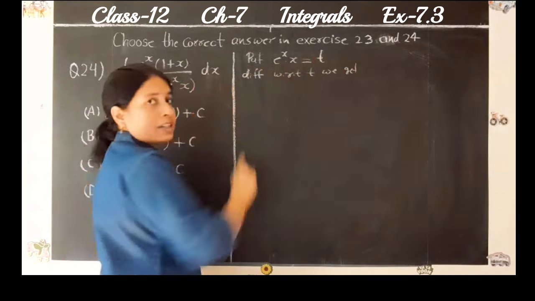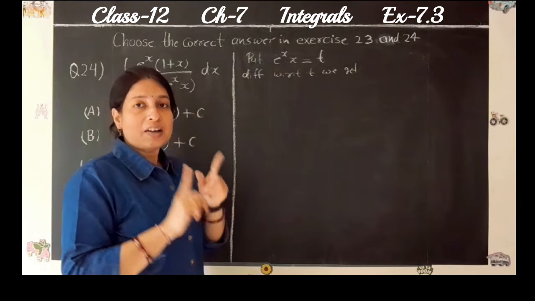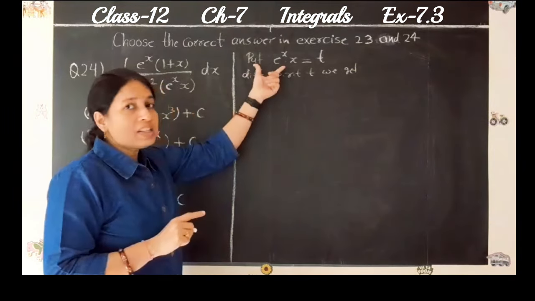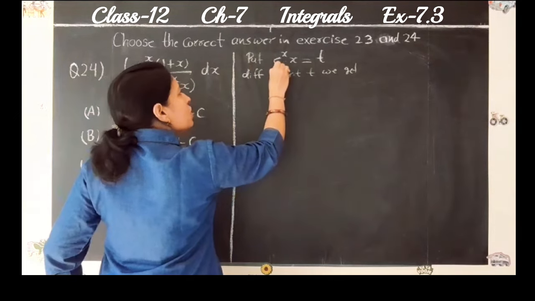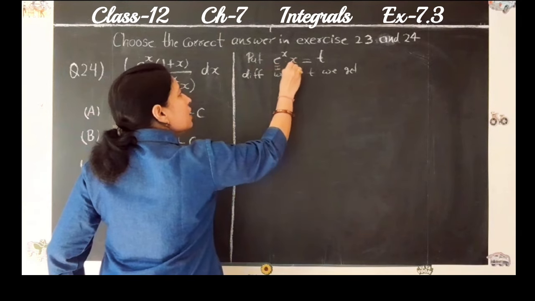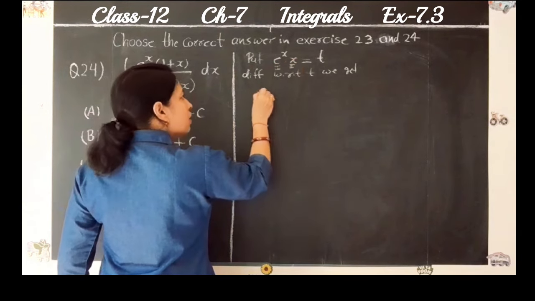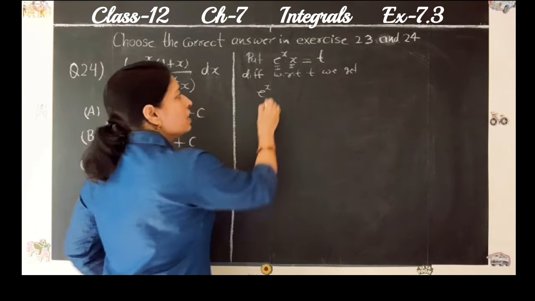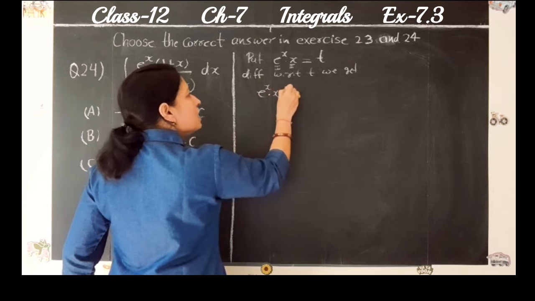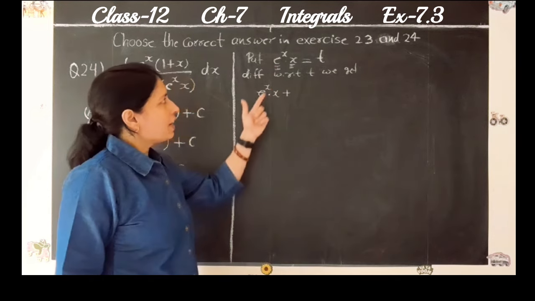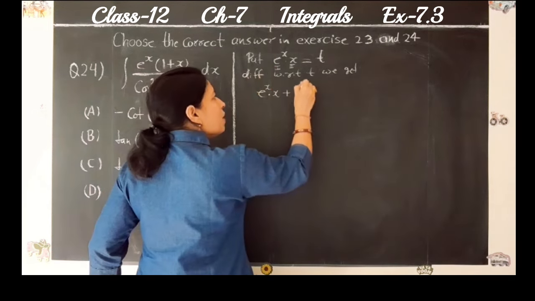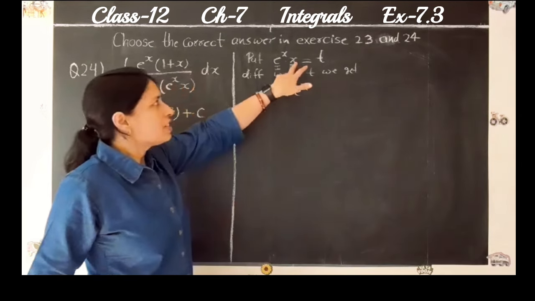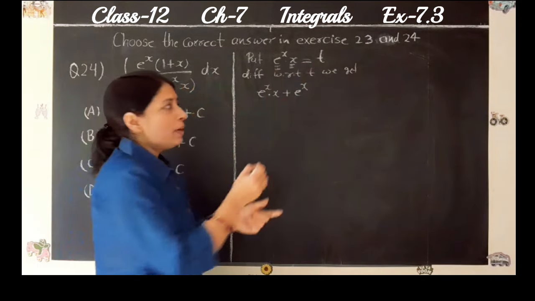When we differentiate, this one is multiplication of two functions. Suppose this one is first and this one is second, then differentiate: it will be derivative of first function e to the power x, then write second one as it is, plus write first one as it is, e to the power x, and differentiate this function x, so it will be 1.